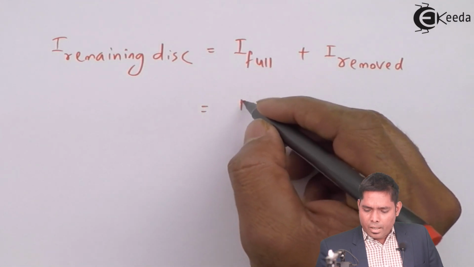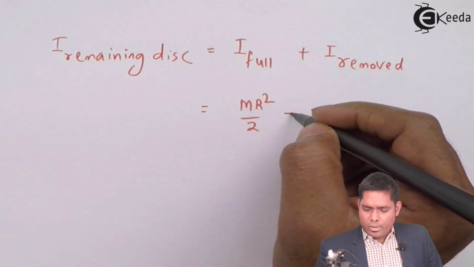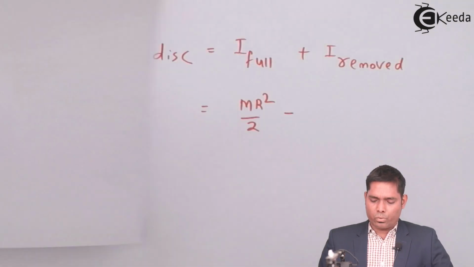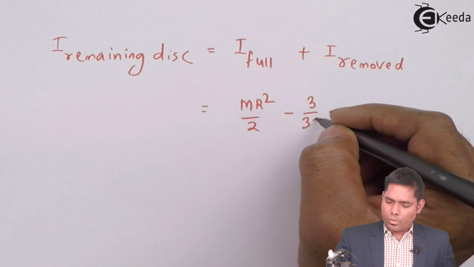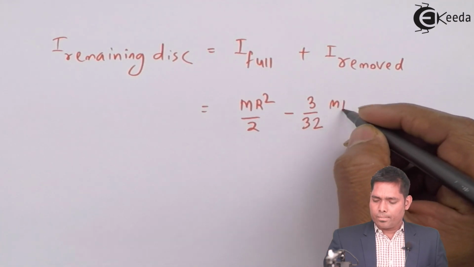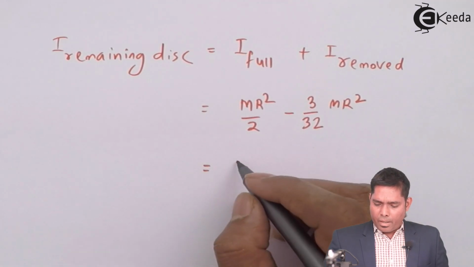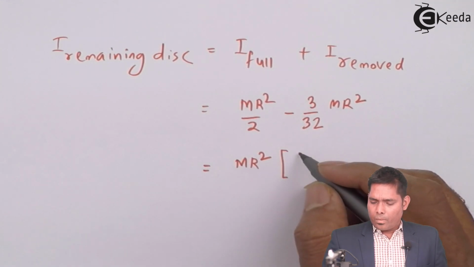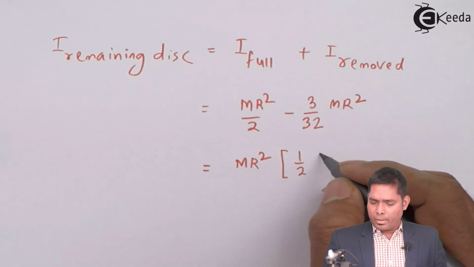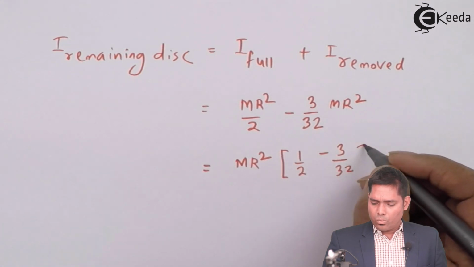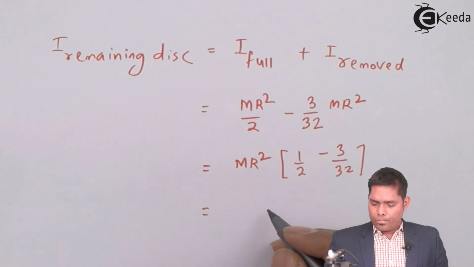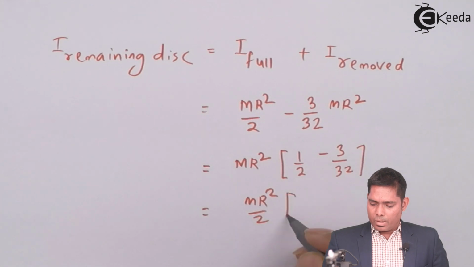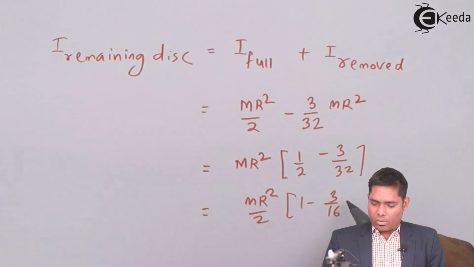I of full disk is m r square over 2, and for the removed part, just now we got minus 3 over 32 m r square, which is given by m r square times 1 by 2 minus 3 by 32. I can take basically 2 common out, so that it will be 1 minus 3 by 16 better.